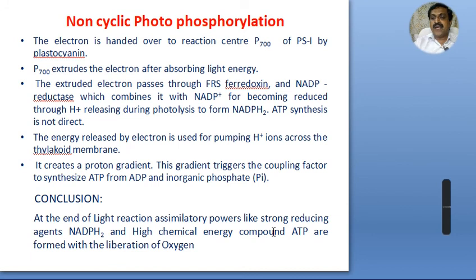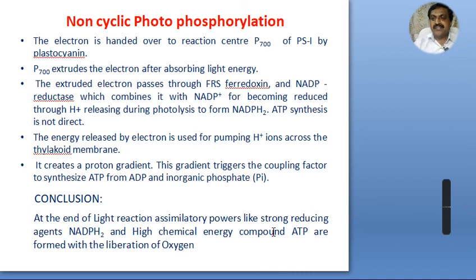So in general, the light reaction is the light dependent stage of photosynthesis, which takes place in the grana region of the chloroplast, where the thylakoids are present, in the presence of the pigment systems and water, in the presence of sunlight.